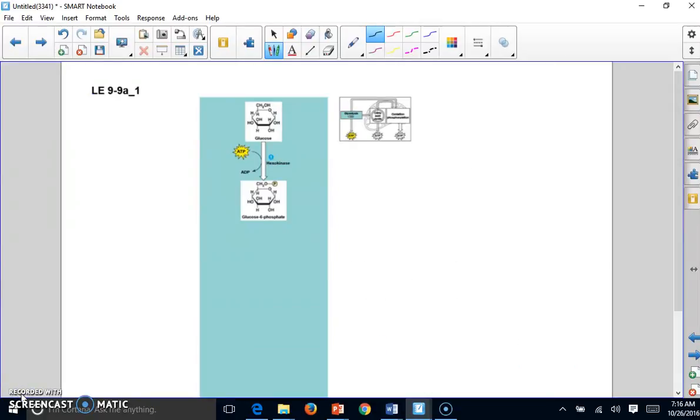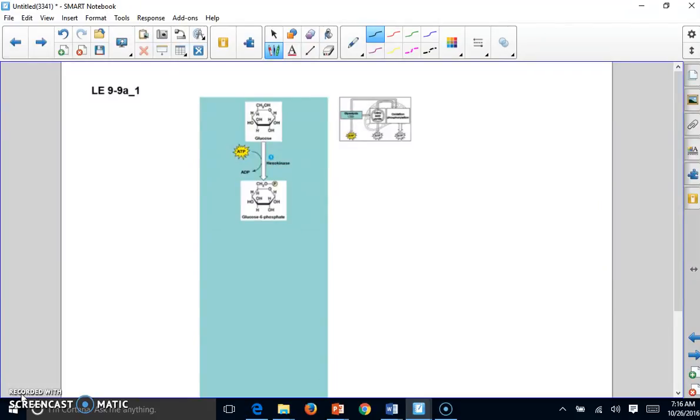We are now going to look at the individual steps of glycolysis. By no means do you need to memorize all the steps. We're going to go through them, and then at the end of glycolysis, we're going to summarize what happened in each part. If we look at the first part here, we have glucose.